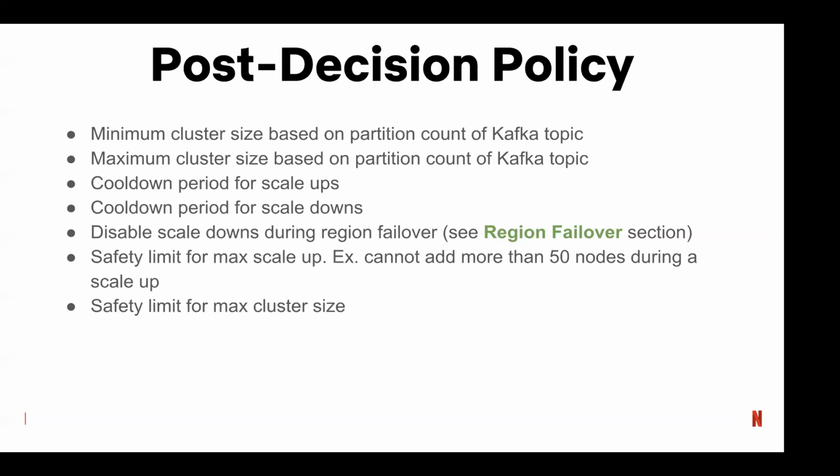Similarly, we have guardrails for the maximum cluster size because it doesn't make sense to scale up the cluster so big that the parallelism of the cluster is greater than the number of partitions in the source topic. So a maximum size is enforced there.